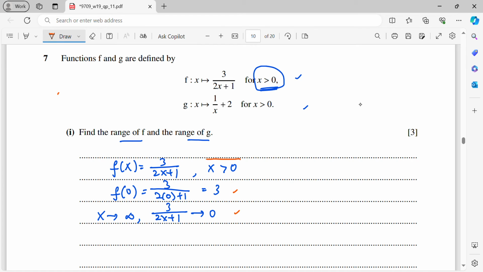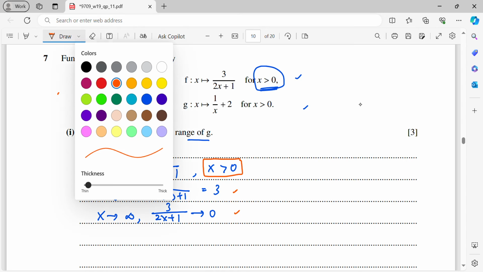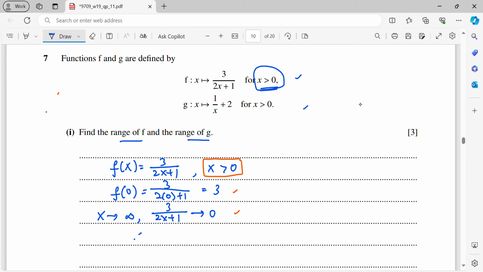And this x value does not include 0, which means it does not include 3. So my f(x), my range of f, will be greater than 0 and less than 3. We will not include 0 because it will never reach 0. It's just approaching 0 when x approaches infinity.